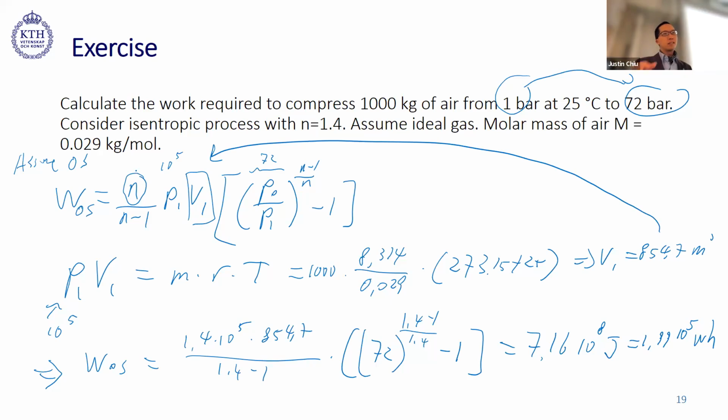So the closed system would require this much divided by 1.4 energy. But you're right, the instruction doesn't say closed or open. So then either you do both or you choose one to do that.